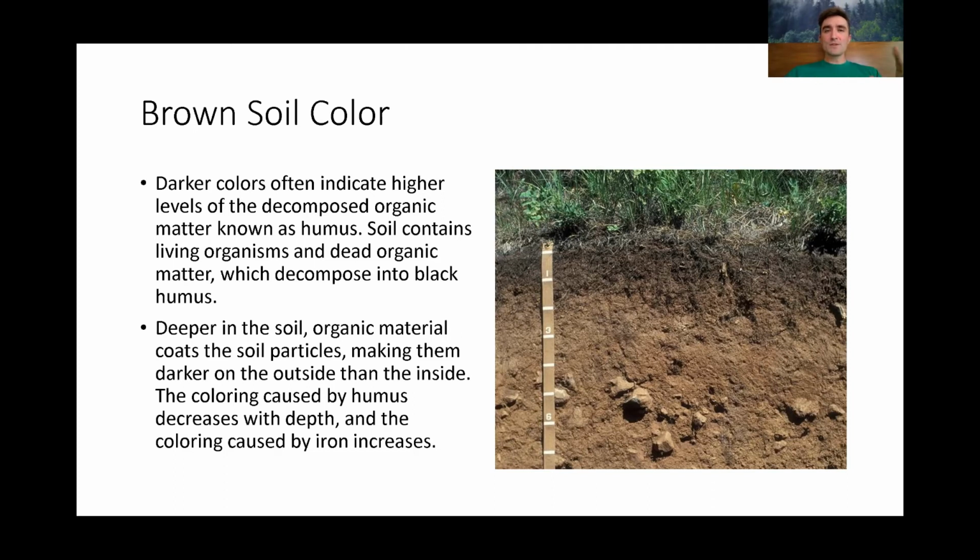Where do you find the most humus? In the O horizon and in the A horizon for topsoil. The other thing that you can see is how deep the dark material goes. And oftentimes, right at the base of where you see your dark brown soil, you'll see a pretty stark line that transitions to like a red or yellow color.